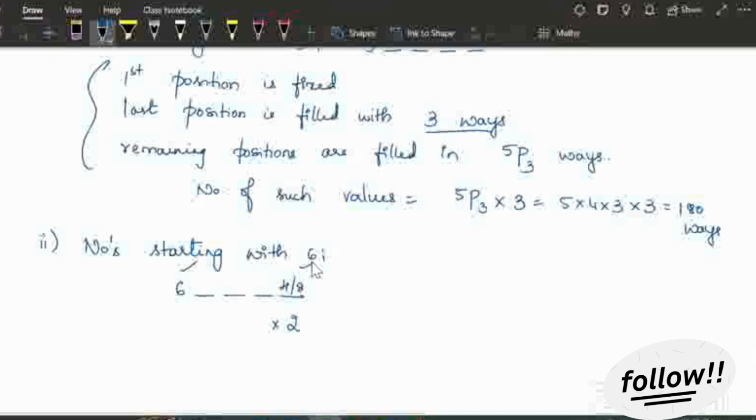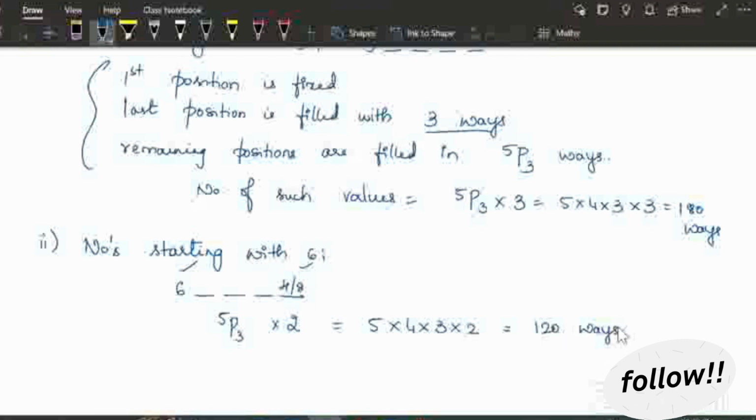Out of 7 numbers, we have used 2. So we have 5 remaining numbers. Out of that, you need to take any 3 and arrange them in the remaining 3 positions. So the answer is 5 into 4 into 3 into 2 ways, which gives you 20 into 6, which is 120 ways.